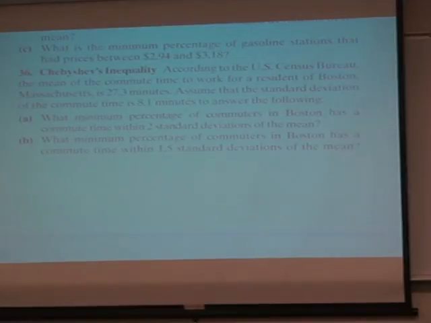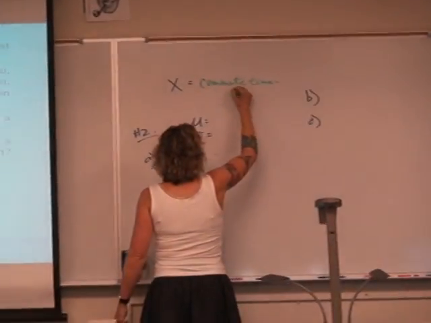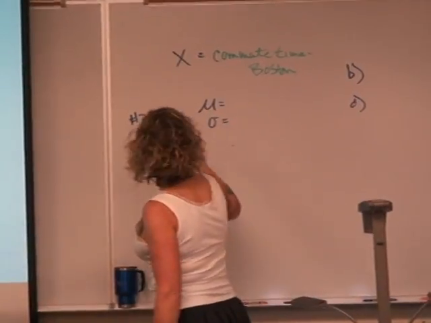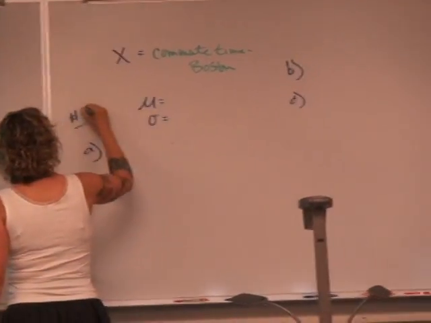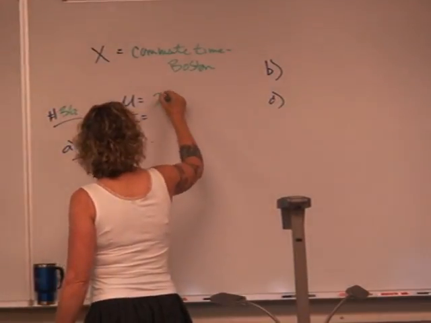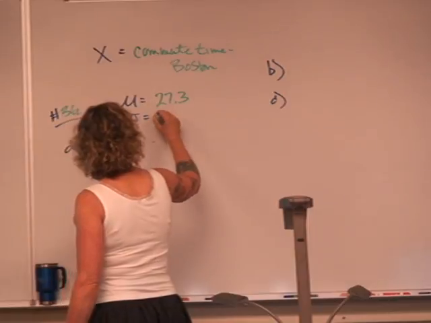we have that our variable is the commute time for a person living in Boston. Okay, mean is 27.3 minutes. Standard deviation is 8.1 minutes.